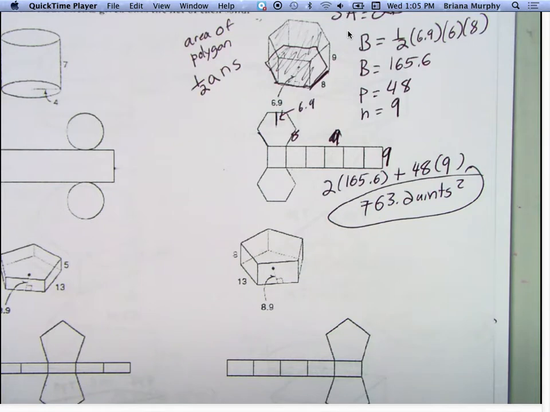So how many sides does this one have? Correct.